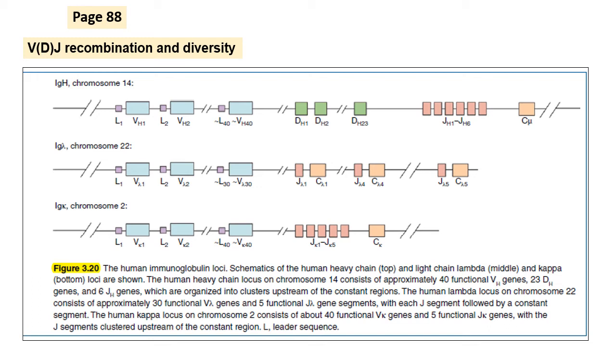The variable heavy chain has nearly 40 functional genes, the diversity heavy chain has 23 functional genes, and the junction heavy chain has nearly 6 functional genes.